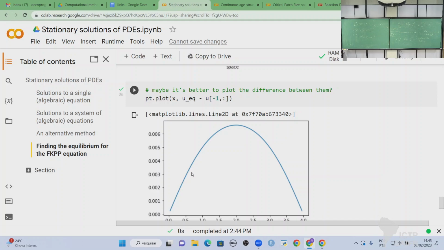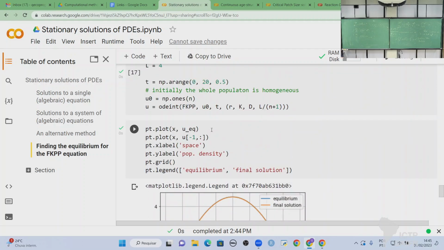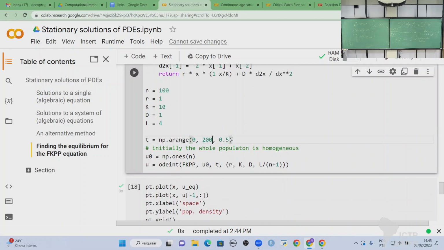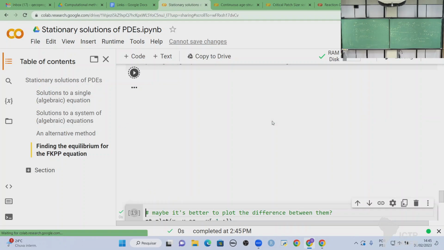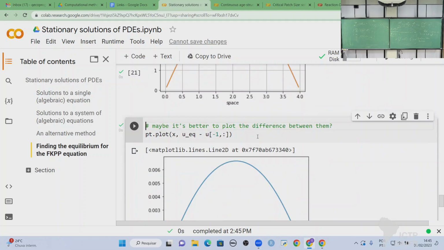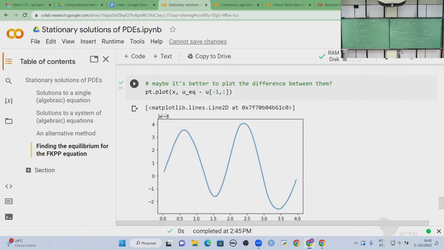I would guess that maybe we should go for a longer time, because this runs over time. It approaches the equilibrium solution, but maybe we didn't wait long enough for it to get right at the exact point. So instead of running for only 20 time steps, maybe 200, okay? Let's see. I cannot distinguish them both here, but if I plot the difference, now the difference is around 10 to the minus 8.